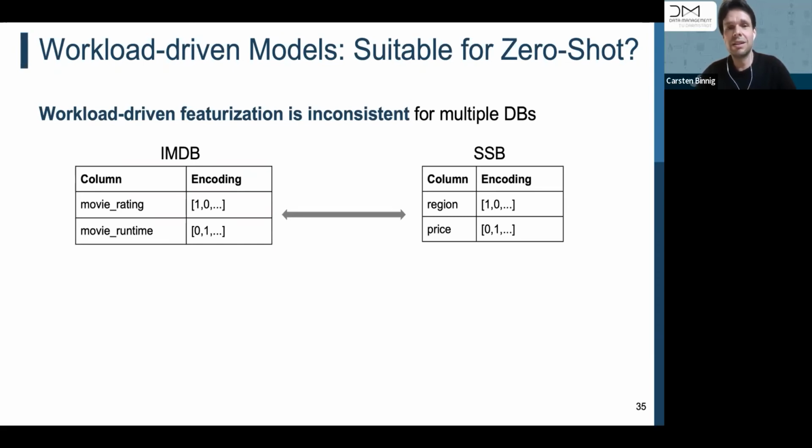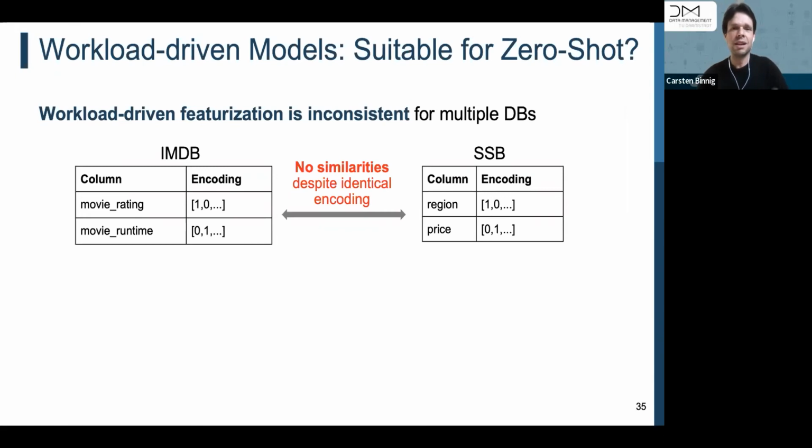But you can see here, if you just use it naively, then the same encoding in different databases has very different meaning. You might be lucky because the vectors have different sizes, so you could, for example, train a model on IMDb and then use it on the star schema benchmark, or further train it on the star schema benchmark. But the model would completely get confused because the same representations for attributes would have very different meanings.